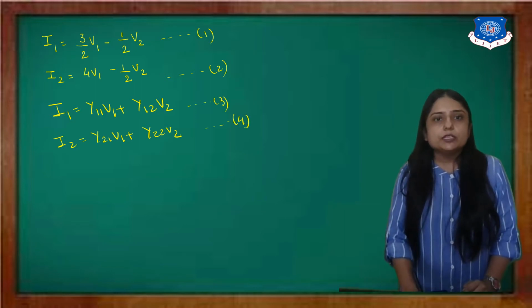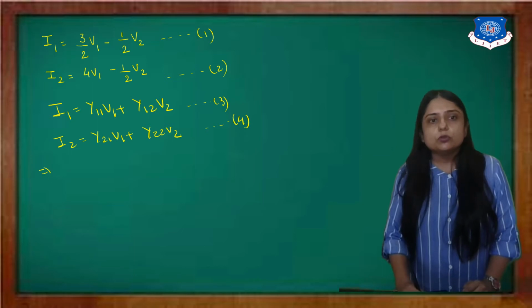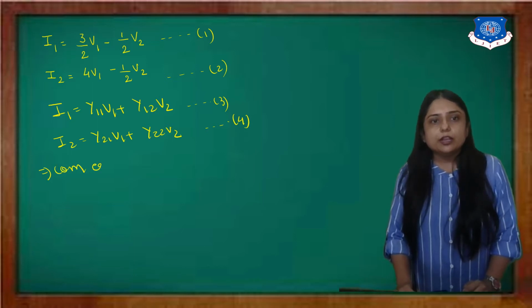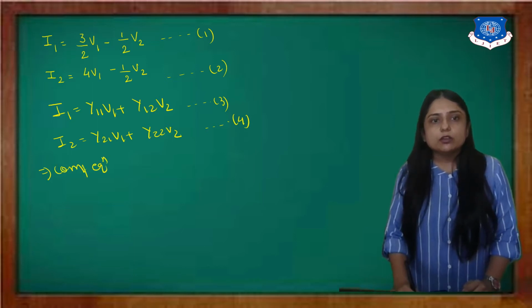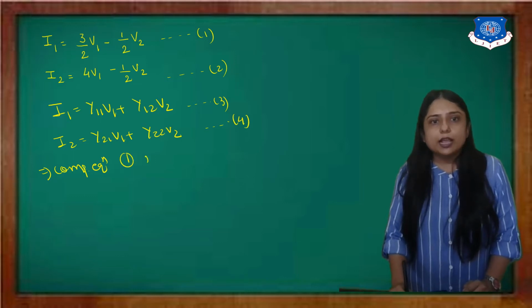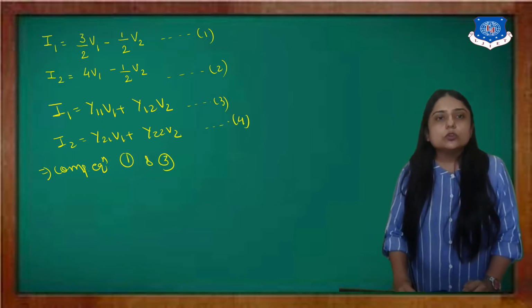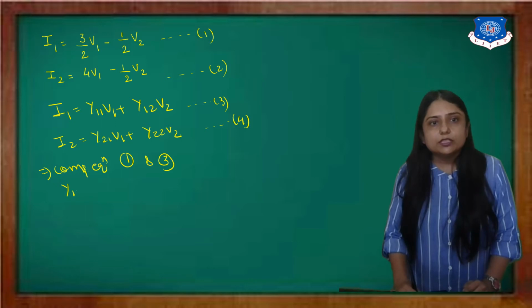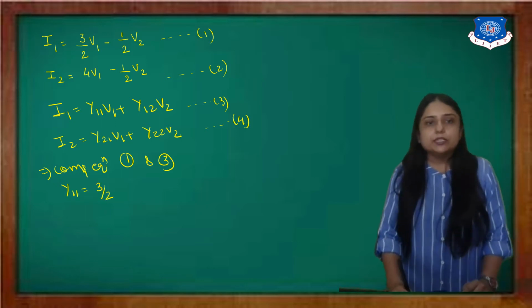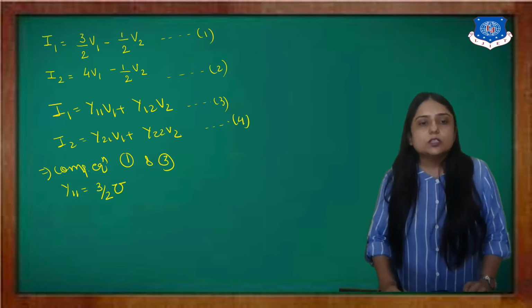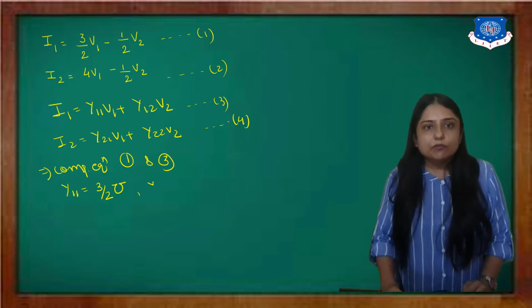Now compare equations 1 and 2 with these. Comparing equation 1 and 3, the value of Y11 becomes 3 by 2, and the unit of admittance is mho. And Y12 equals minus 1 by 2 mho.